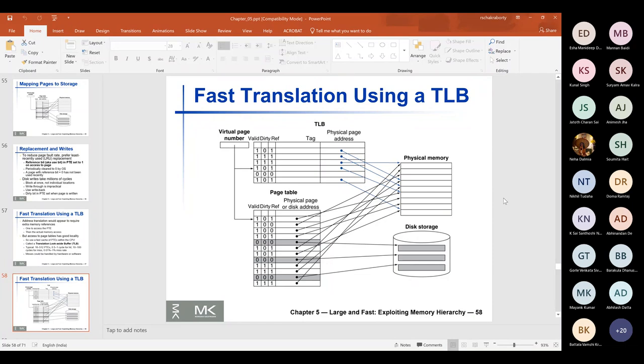The same virtual page number can occur for different processes. You look at virtual page number 10,000. Go to the TLB. This is a kind of fully associative cache in a TLB.